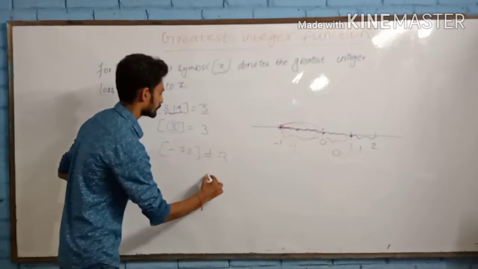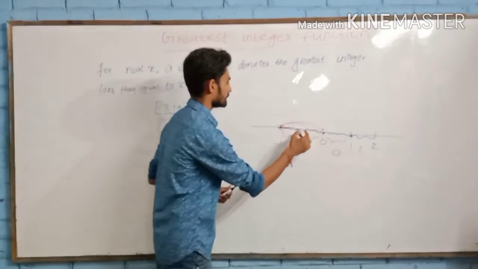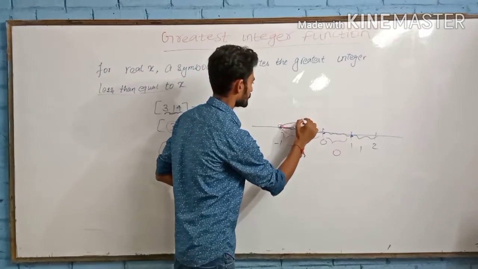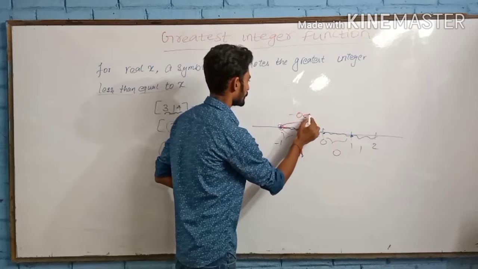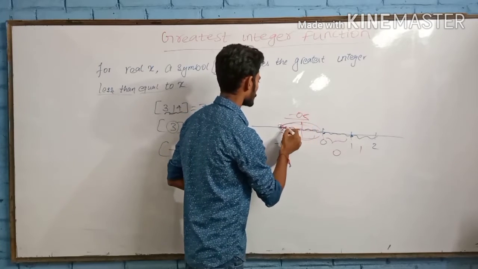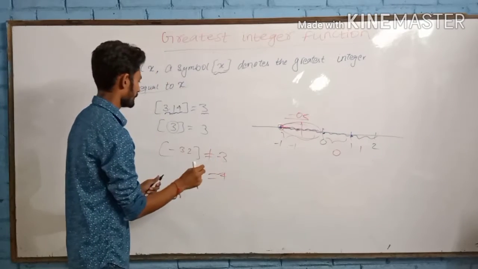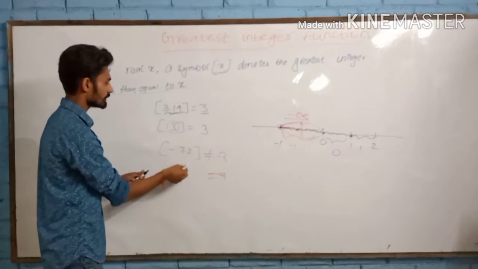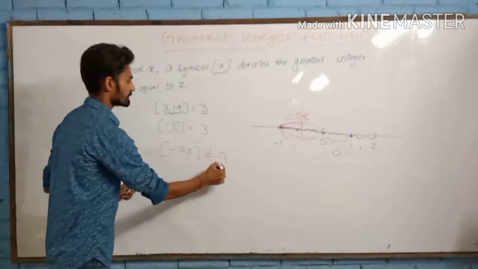Box of -3.2 is -4, because, assume the value -0.5, box of -0.5 is -1 because the preceding integer of -0.5 is -1. So here the preceding integer of -3.2 is -4, not -3.